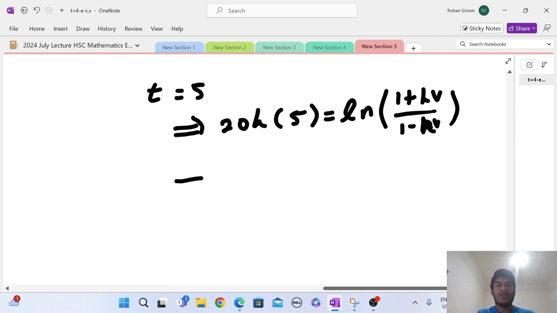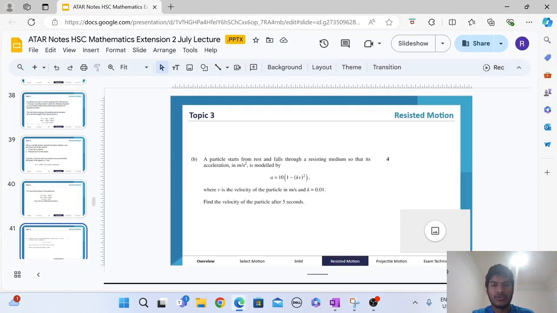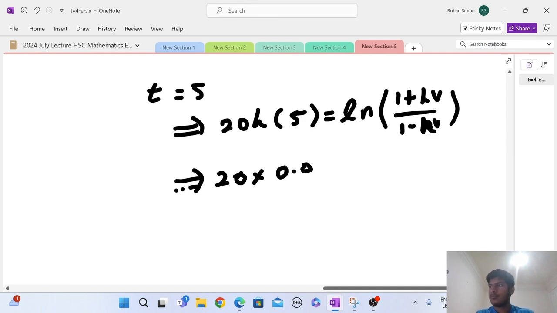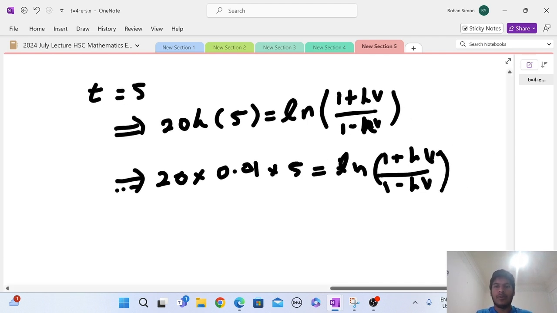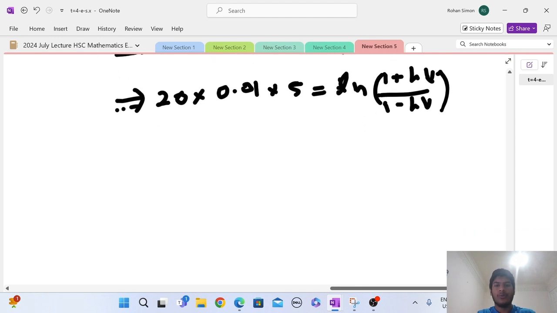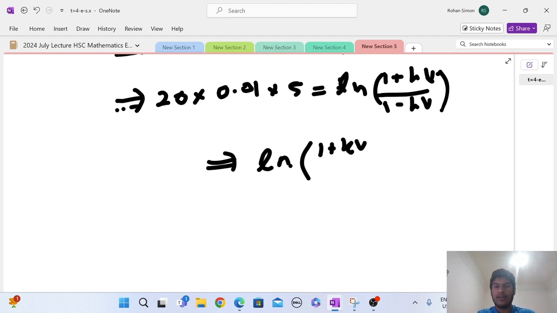And so we end up with 20 times, our k value was 0.01, times 5 equals ln((1 plus kv)/(1 minus kv)). And nicely enough, the left-hand side, if you evaluate that in your calculator, turns out to be 1. So we end up with ln((1 plus kv)/(1 minus kv)) equals 1.